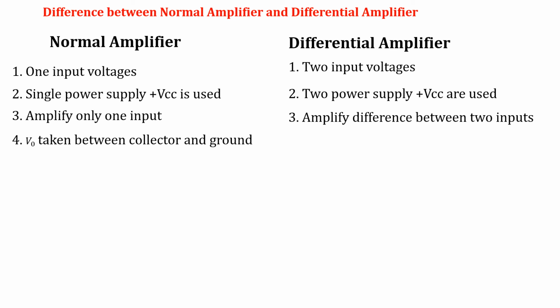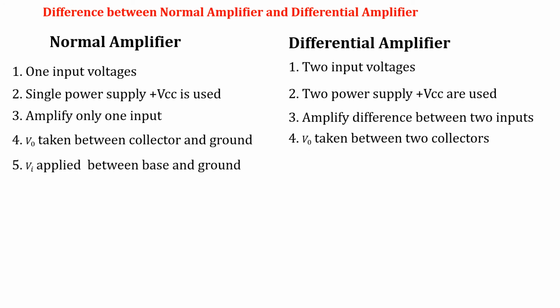In a normal amplifier, output voltage is taken between collector and ground. Here, output voltage is taken between the two collectors of the two stages. Input voltage for the normal amplifier is between base and ground, while for the differential amplifier it is between the two bases.